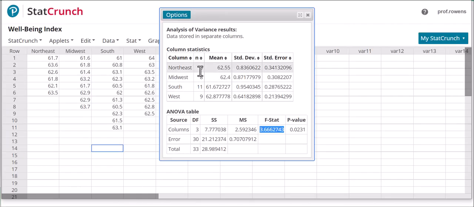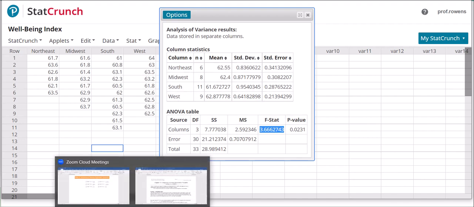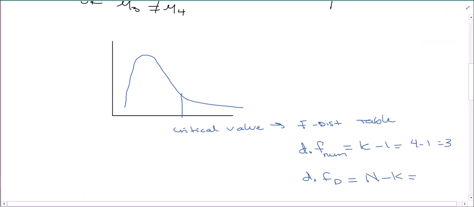We had 6, 8, 10, 11, and 9, so 30 is our total n, right? And we have 4 of them. So this becomes 30 minus 4, which is 26. So the degrees of freedom for the numerator are 3, and the degrees of freedom for the denominator are 26.